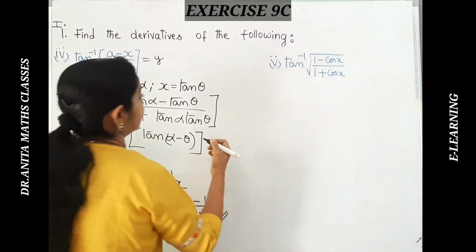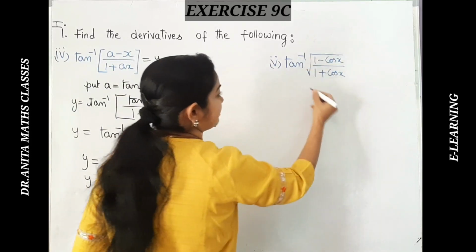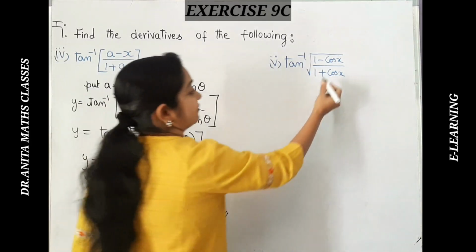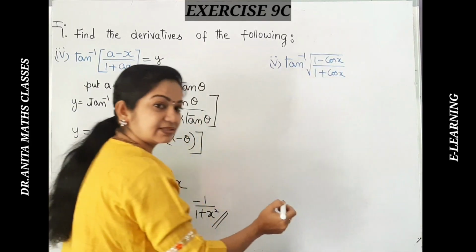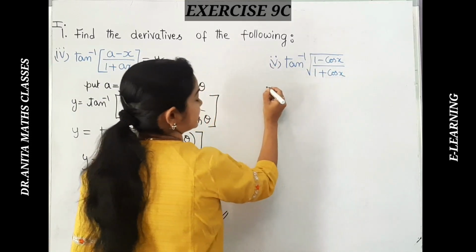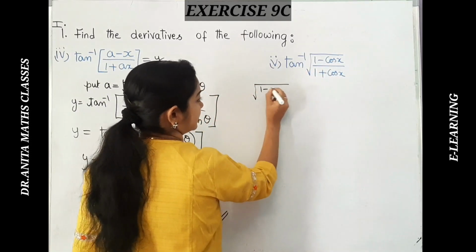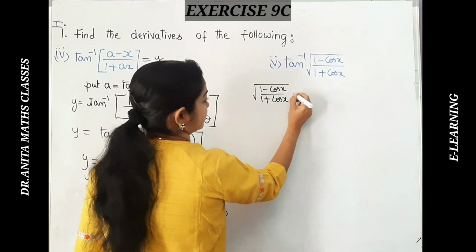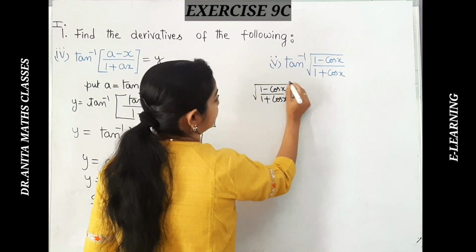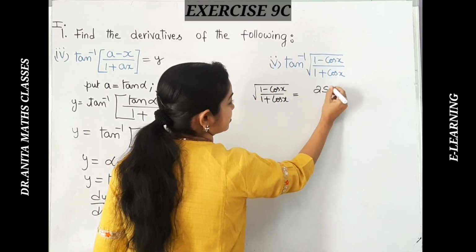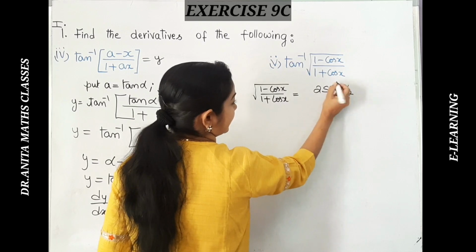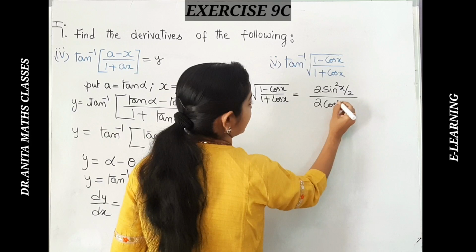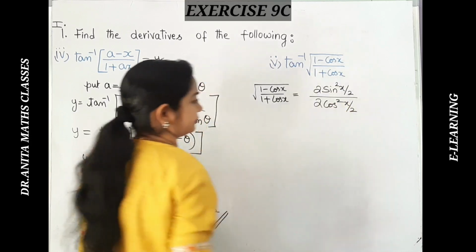Now moving on to the next one. If you see this, first we will simplify it. It is not only a function of x, it has the trigonometric functions itself. So we simplify this first. Taking 1 minus cos x by 1 plus cos x, this becomes 2 sine square x by 2 over 2 cos square x by 2.